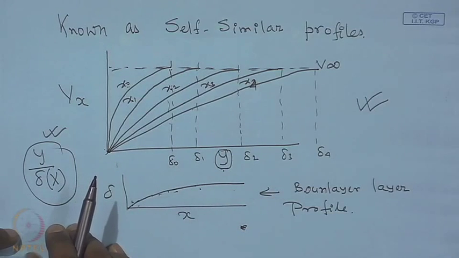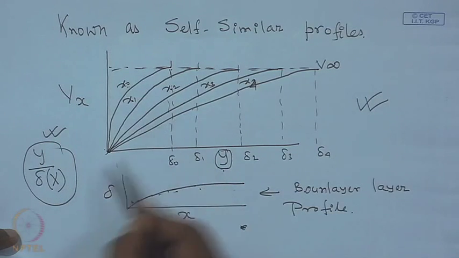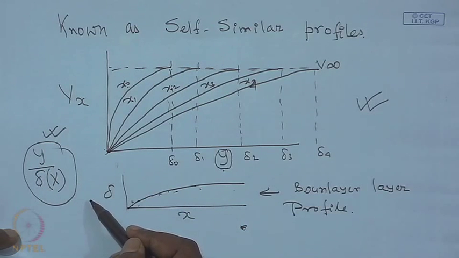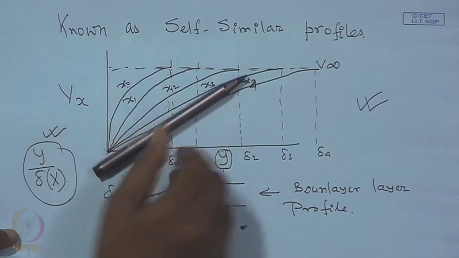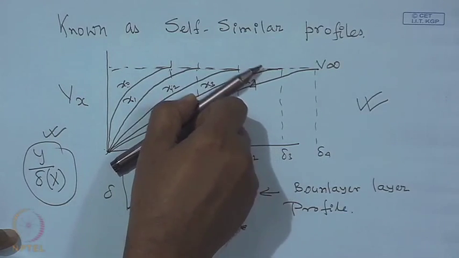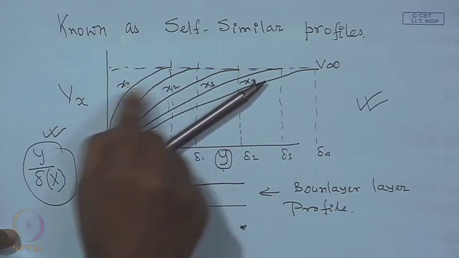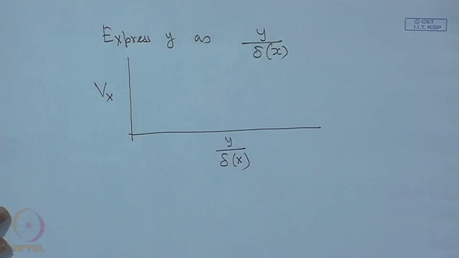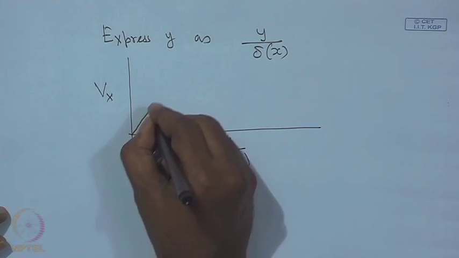Why will they collapse on a single curve? Because we are now dividing by delta, which is eventually a function of x. So, this curve and all these curves will superimpose on one another, and we will get a single curve.